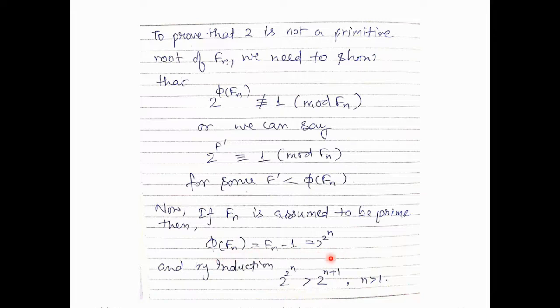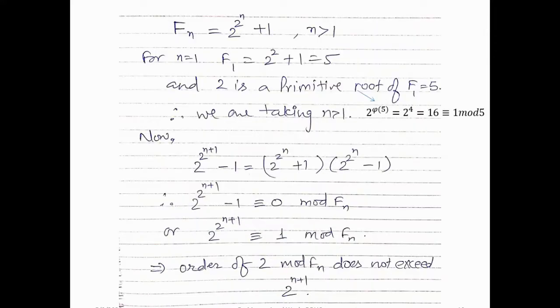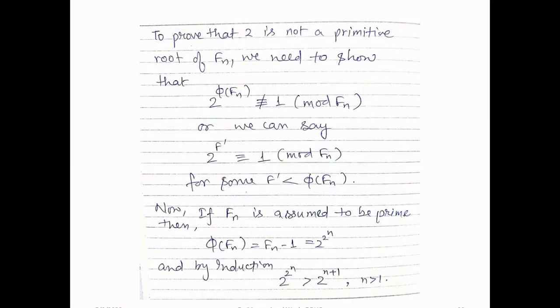it's given that Fn is prime, so phi of Fn will be Fn minus 1, that is 2 to the power 2^n. And by induction, we can check that 2 to the power 2^n is greater than 2 to the power n plus 1. And here we have seen that 2 to the power n plus 1 is 1 mod Fn. And now we are seeing that 2 to the power 2^n, which is phi of Fn, is greater than 2 to the power n plus 1.